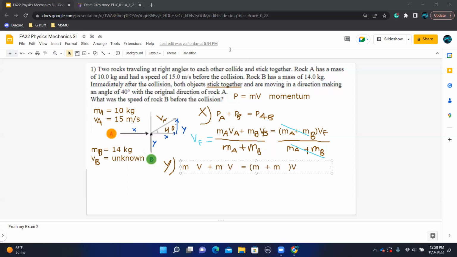And I actually realized I forgot to include the x's over here. So the masses stay the same, but velocity is for x on all of these.